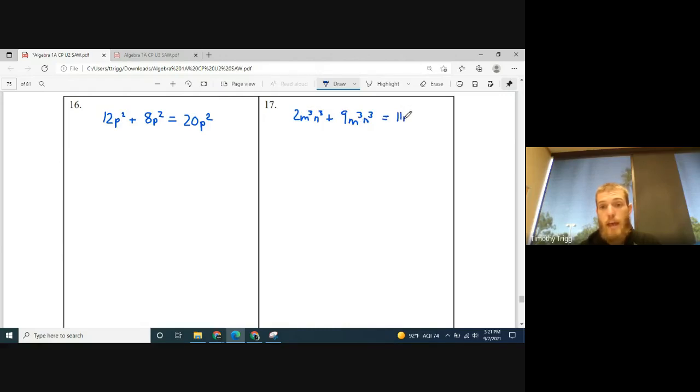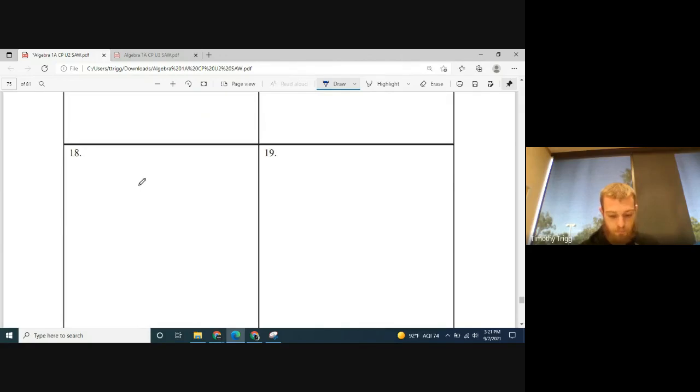So that's 11m cubed n cubed. 18. 8w squared x plus w squared x. I hope you remember me talking about this one. We could think of it as just 1w squared x, right? So we have 8w squared x plus another 1w squared x. So that's going to make a total of 9w squared x.